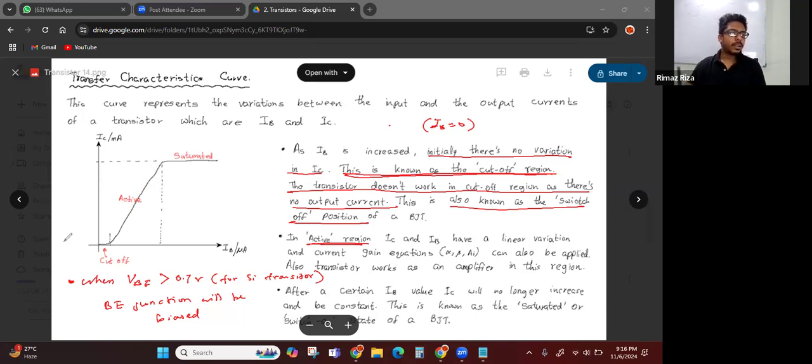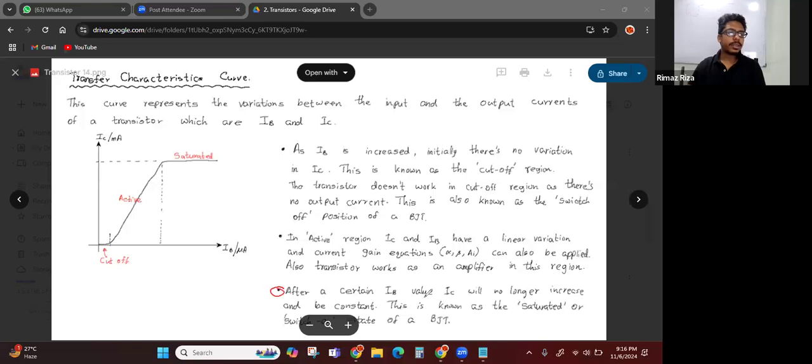And then the last point you can write: after a certain IB value, IC will no longer increase and becomes constant. This is known as the saturated or switch on state of a BJT, that means bipolar junction transistor. So this is switch off, this is switch on.